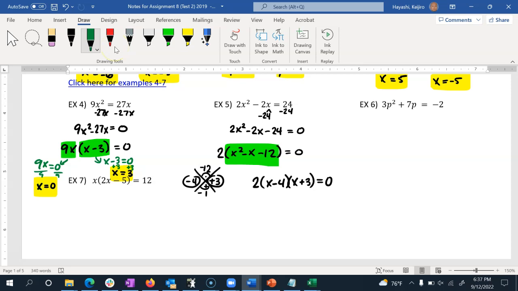Okay, but this is fully factored, so you can take each factor and set it equal to 0. That's going to give you two solutions. One of them is going to be positive 4, and the other one's going to be negative 3.